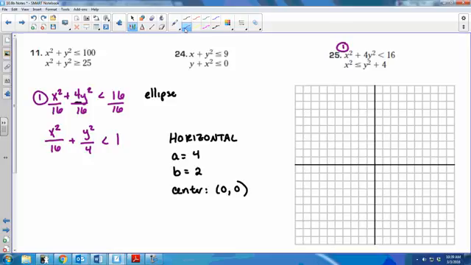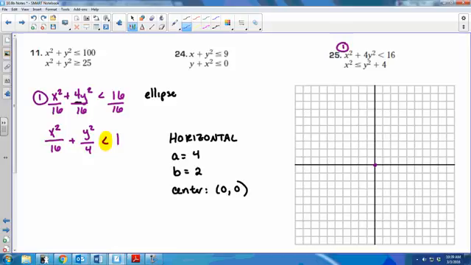This is the first time this has come up today, so make sure you're careful. It says less than 1, so when you draw your ellipse, it's a dashed boundary, okay? So 0, 0 is the center. A is 4, and it's horizontal.